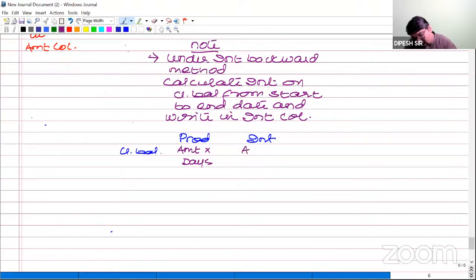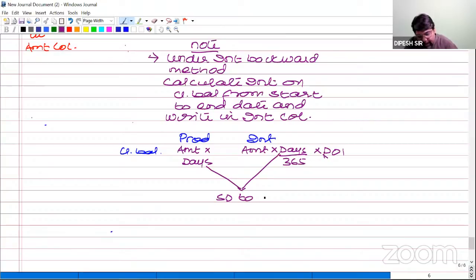And over here, amount into days by 365 into rate of interest. Days is start date to end date. Is that clear?